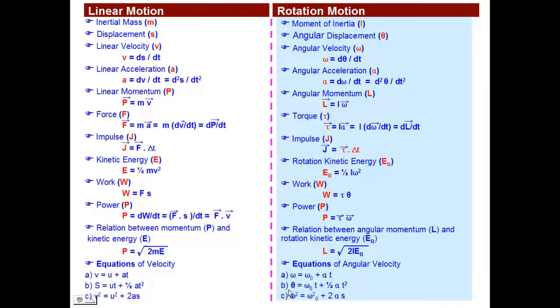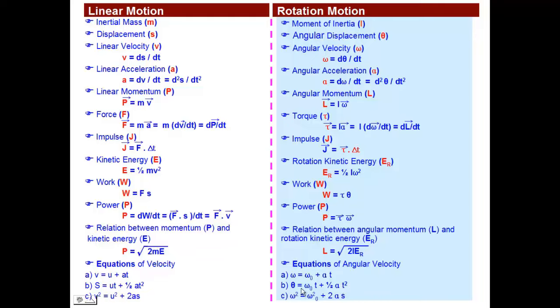Now distance s becomes theta. So theta equals omega 0 t plus half alpha t square, meaning omega 0, the initial velocity, multiplied by time, plus half the angular acceleration multiplied by t square.